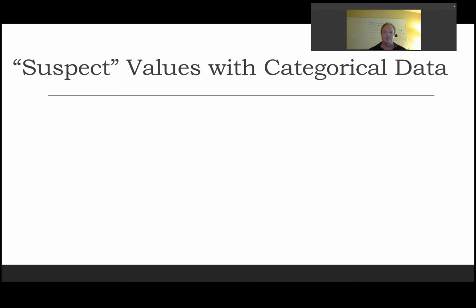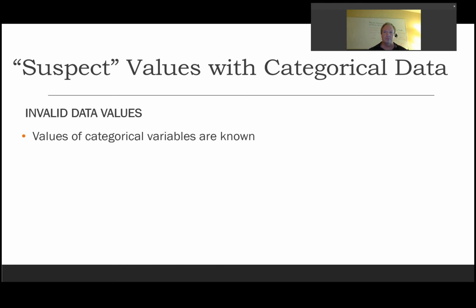So when we're looking at categorical data specifically, the way that we determine whether or not a data value is invalid is we sort the data values. And the nice thing about categorical variables is they can only take on a fixed number of known values. So if we see anything that isn't one of the expected values, we're going to suspect that's invalid.